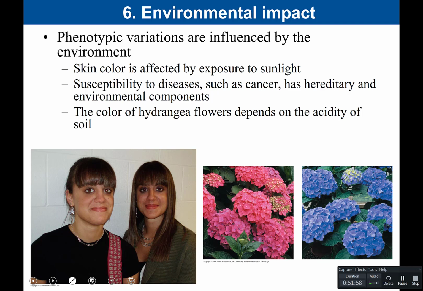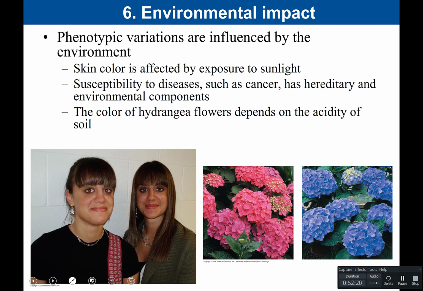Notice that these are identical twins. One twin has darker skin than the other, simply due to going out in the sun more, because sunlight is going to increase the production of melanin. Susceptibility to diseases such as cancer has both hereditary and environmental components, right?